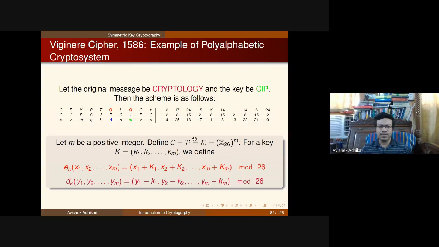Here they have fixed m to be 3, and the password is SIP, and it is repeated again and again. If it is truncated somewhere, then only C is used here. If it were X, Y, Z, Z, then CIP could have been used. Okay, so you are not varying m.